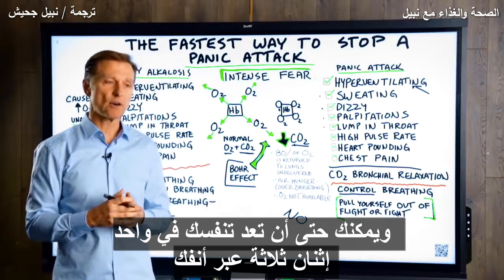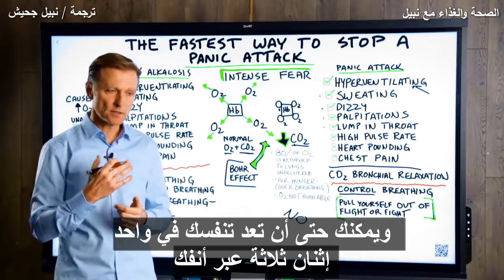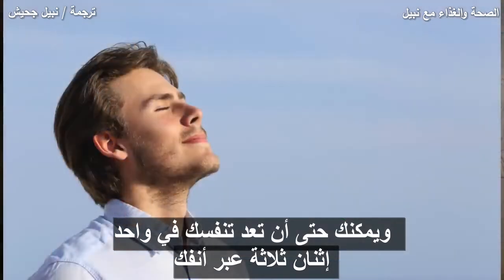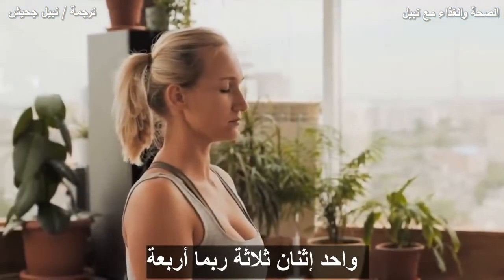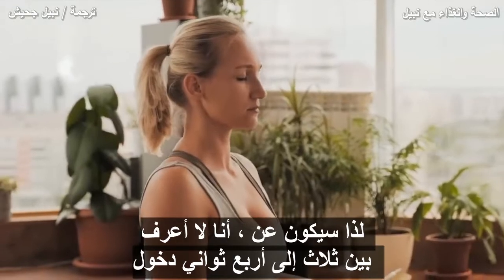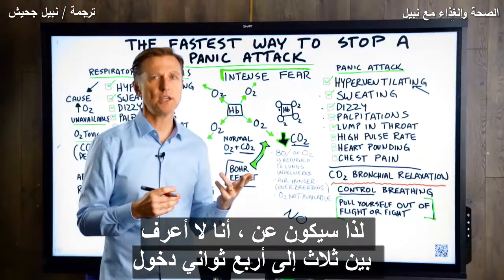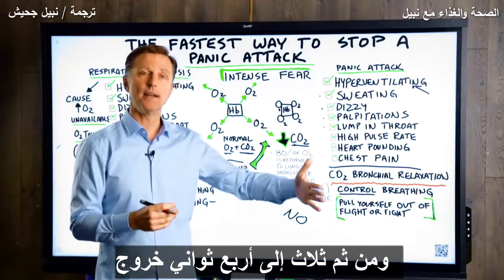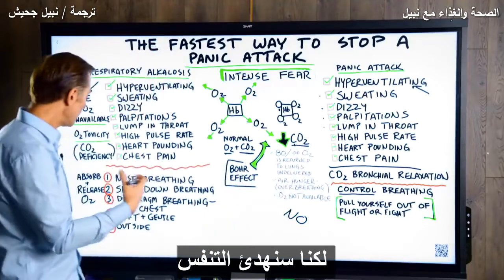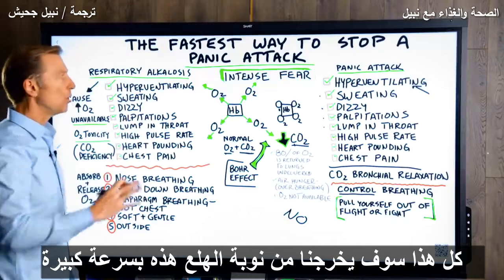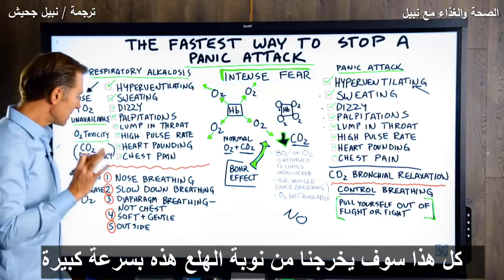And you can even just count: breathe in 1, 2, 3 through the nose. Breathe out 1, 2, 3, maybe 4. So it's going to be about between 3 to 4 seconds in and then 3 to 4 seconds out. We're going to calm down the breathing. All this is going to pull you out of this panic attack very, very fast.